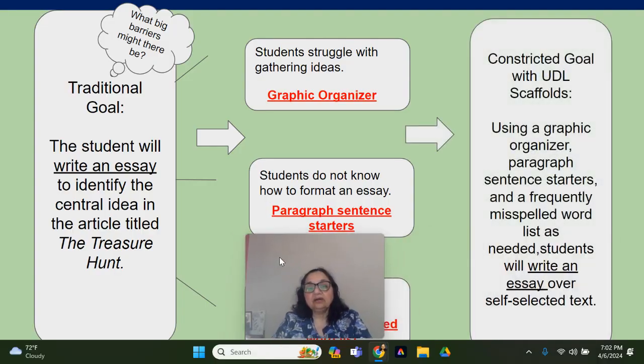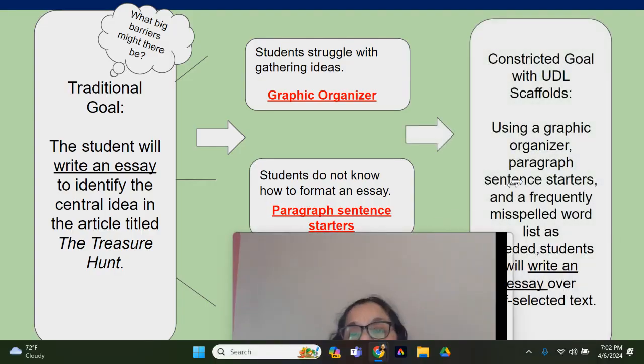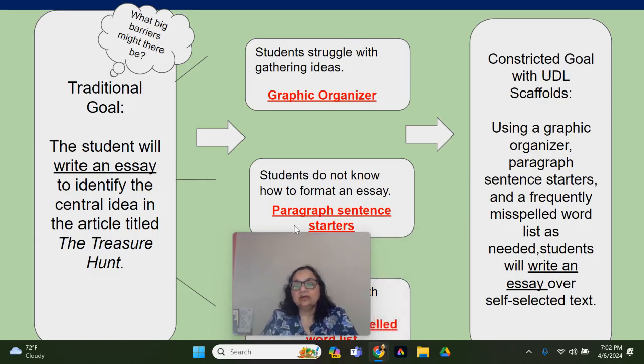Now, a constructed goal with UDL scaffolds: use a graphic organizer, paragraph sentence starters, and a frequently misspelled list as needed, and the student will write an essay over a self-selected text. So these are scaffolds we can give by using the UDL framework.